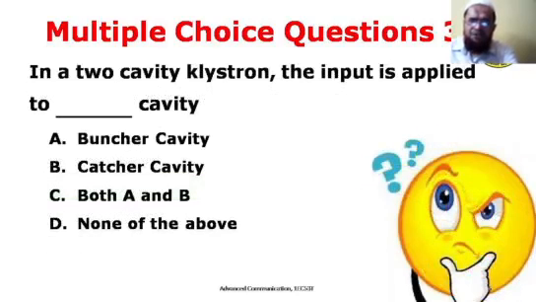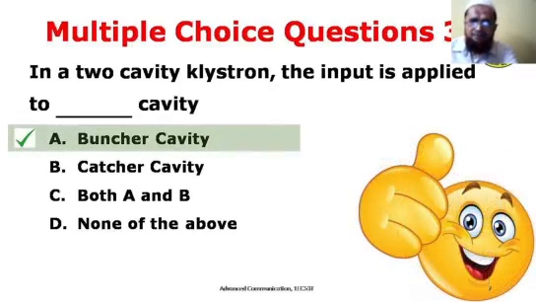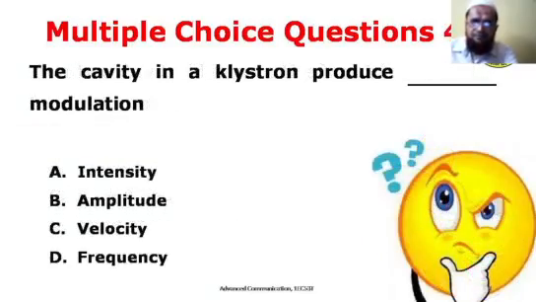In a two cavity klystron, the input is applied to the buncher cavity. Right. The cavity in a klystron produces dash modulation. Due to this cavity we are getting modulation. What kind of modulation?